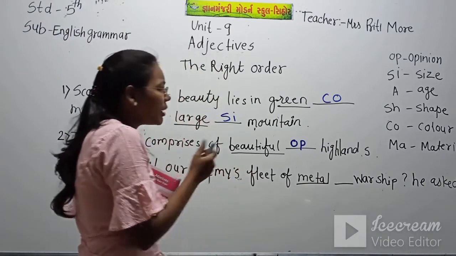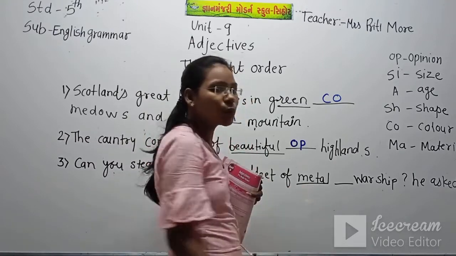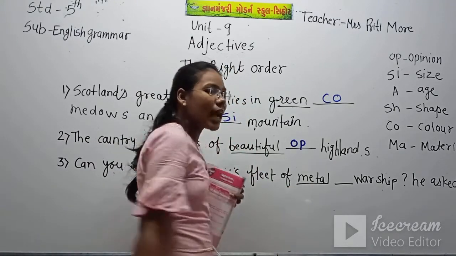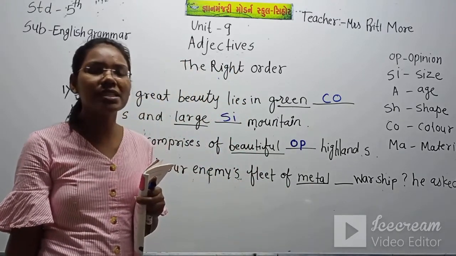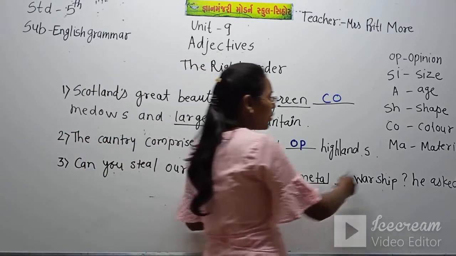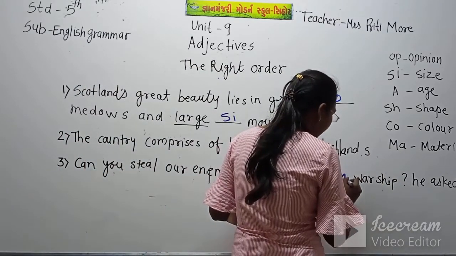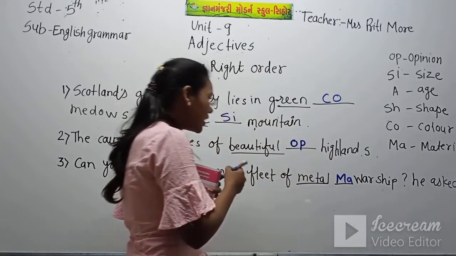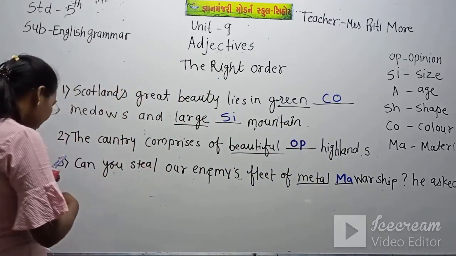He asked. Metal is the highlighted word. Metal is telling us about the material, so for material we write MA.